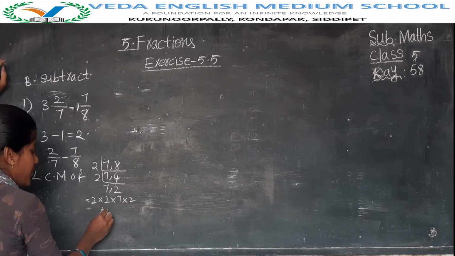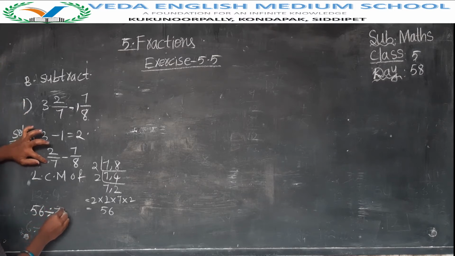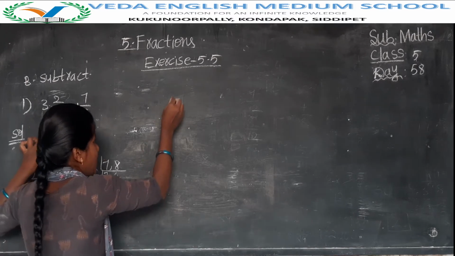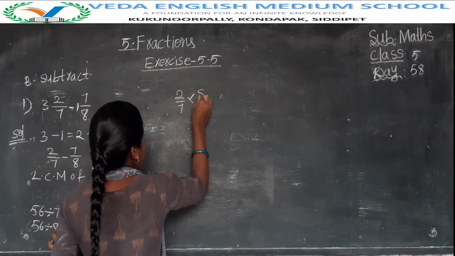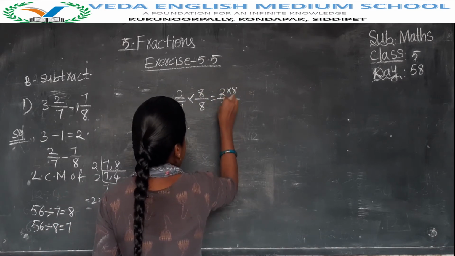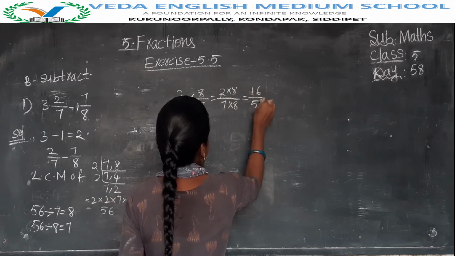28 2s are 56. Then 56 LCM divided by first fraction denominator 7: 7 8s are 56. Again 56 divided by 8: 8 7s are 56. Then take the first fraction, 2 by 7 into 8 by 8: 2 into 8 by 7 into 8, 2 8s are 16, 7 8s are 56.